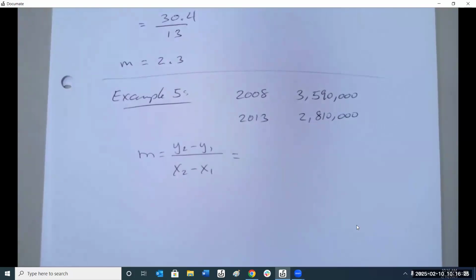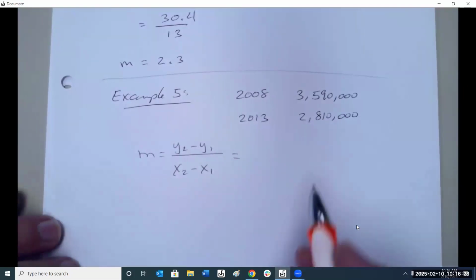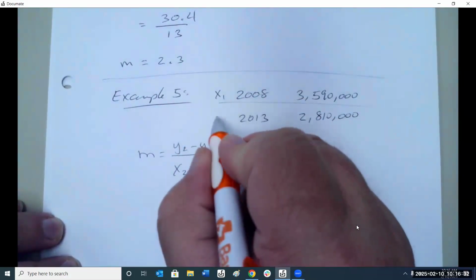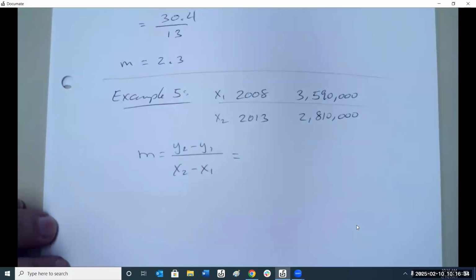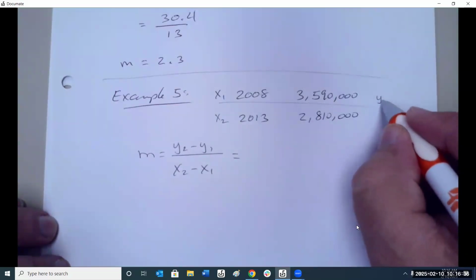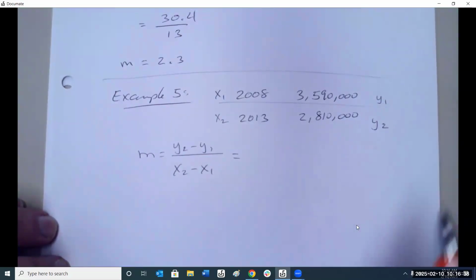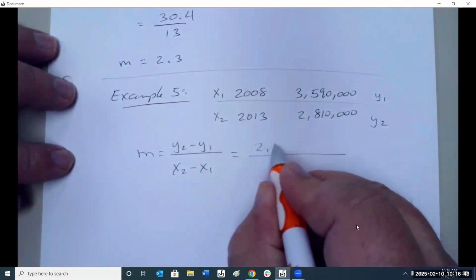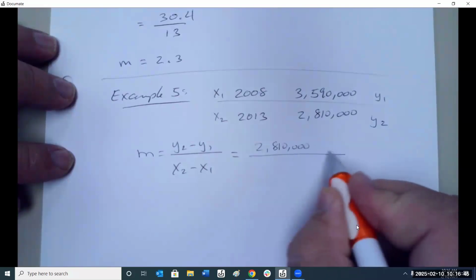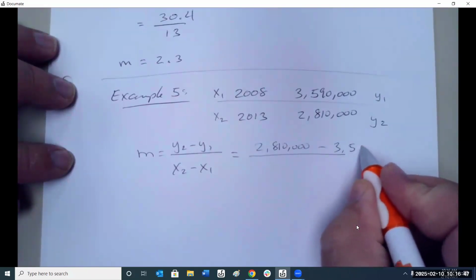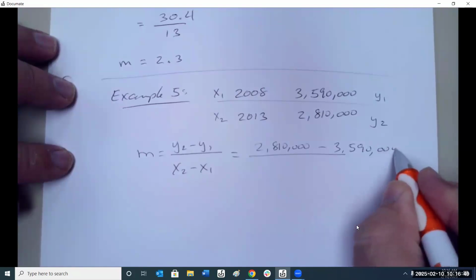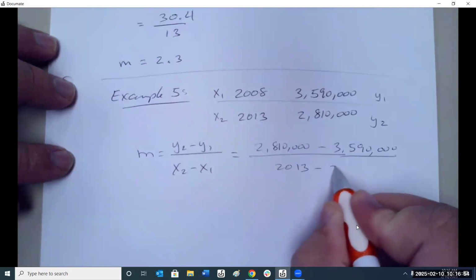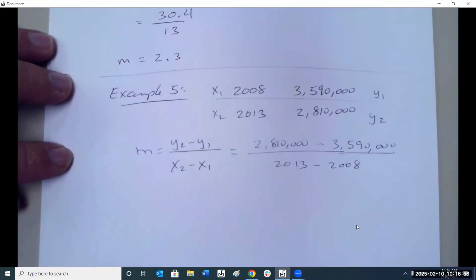Because X is always time, the first one has to be X1, the second one has to be X2, and the corresponding Y values are those. 2,810,000 minus 3,590,000 over 2013 minus 2008.